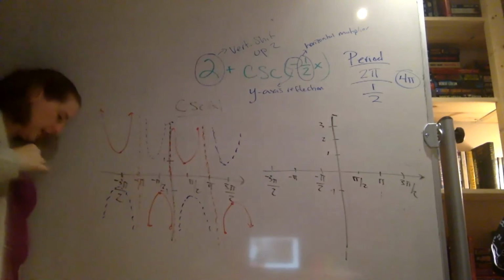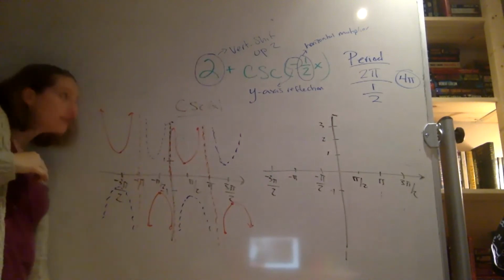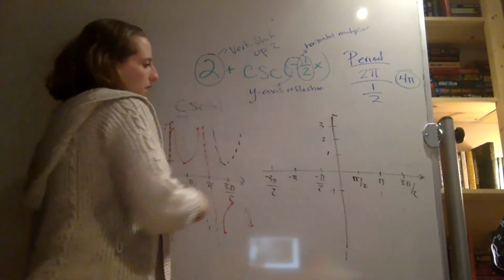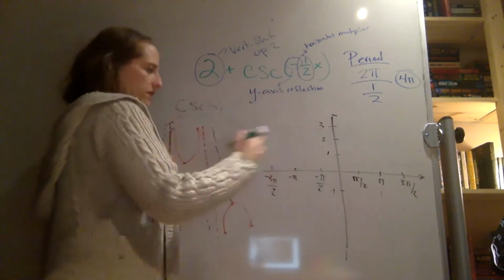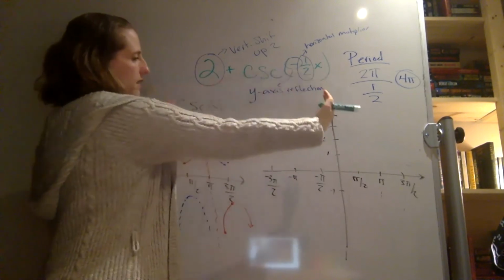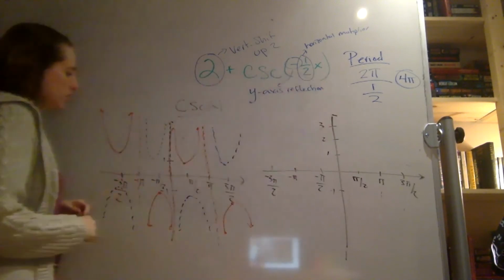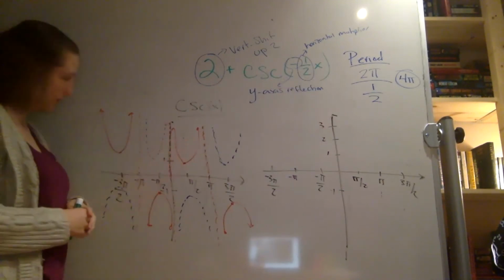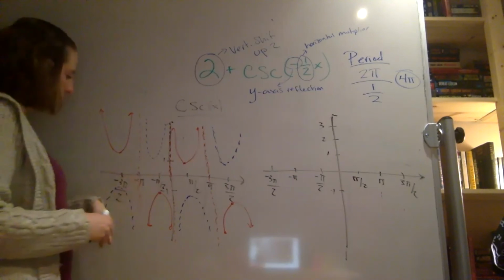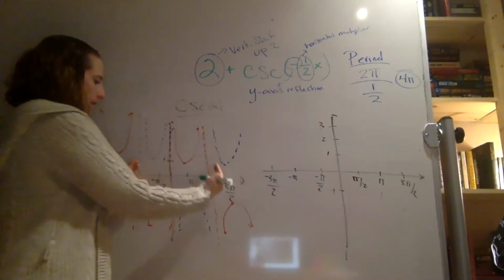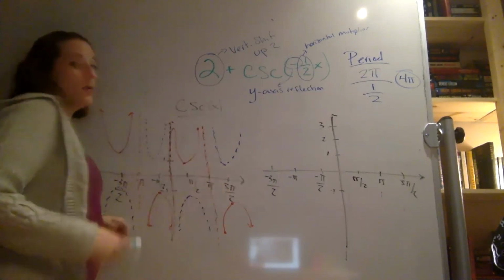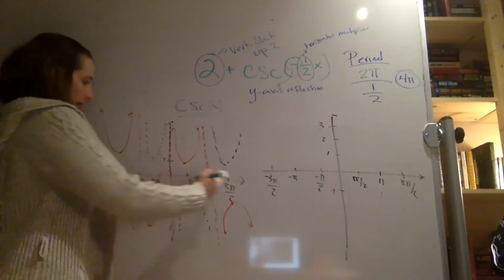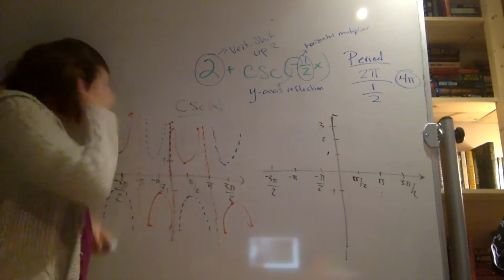Okay. Now, this case is kind of nice because since we did not do any horizontal shifting, our periods actually didn't move left and right. In this case, our period only expanded. So our original period, if we come back here, looking at the red, our original cosecant graph, our original period went from negative pi to pi. We have expanded that to go from negative 2 pi, which isn't even on my graph, I need to expand my graph, to 2 pi.